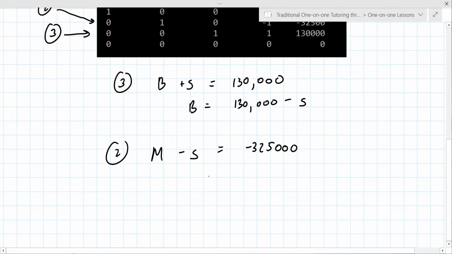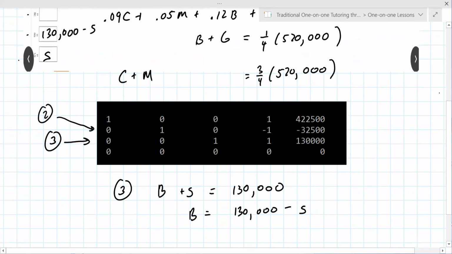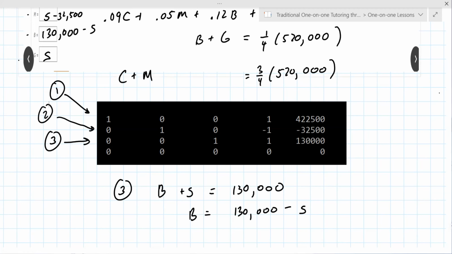So then M is equal to -325,000 plus S, or 32,500. I got the extra zero in there. So that is what goes into that third position, S minus 32,500. And then the first row, and now we're going backwards.